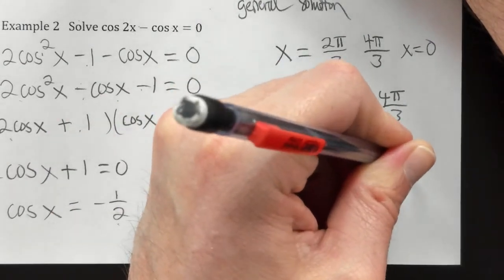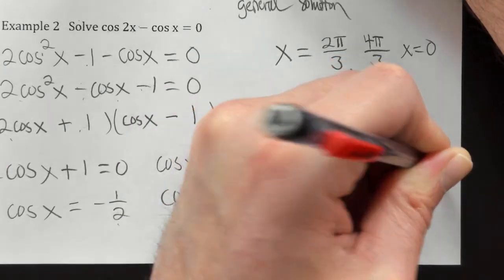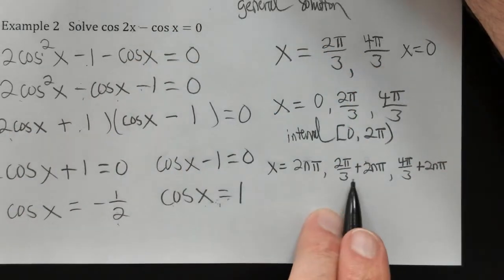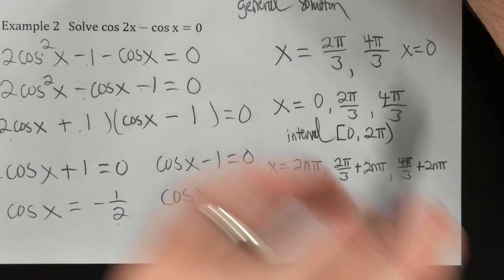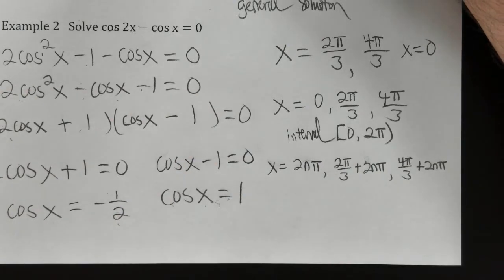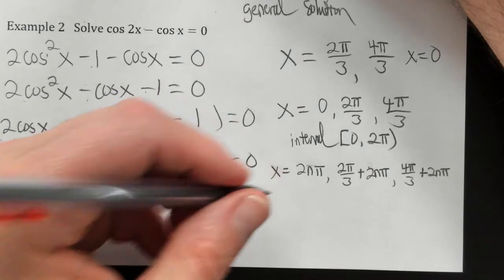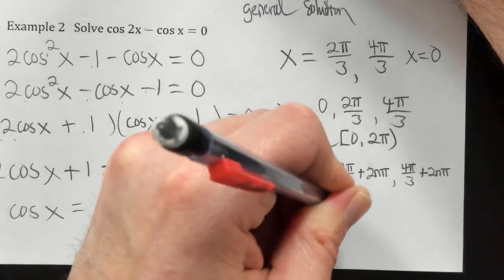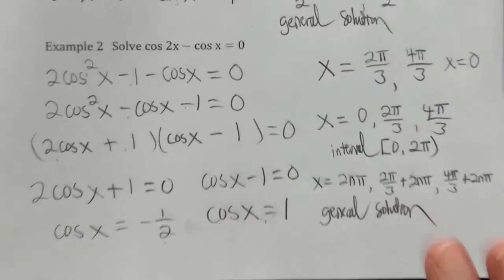And 4 pi over 3 plus 2 n pi. And remember, that's to account for the multiples of 2 pi. That would give us another solution because of the periodic nature of the function. And that's the general solution. So there you go.